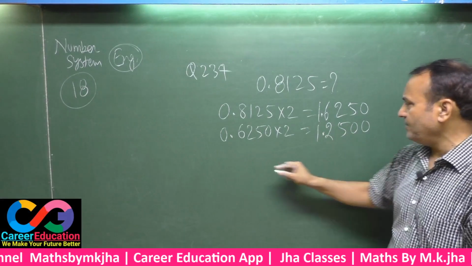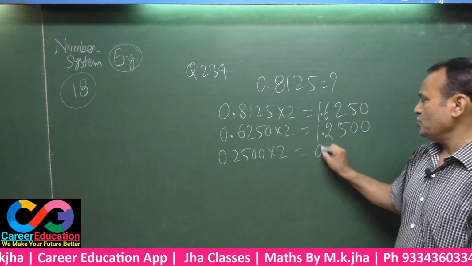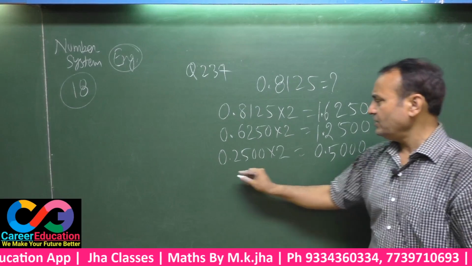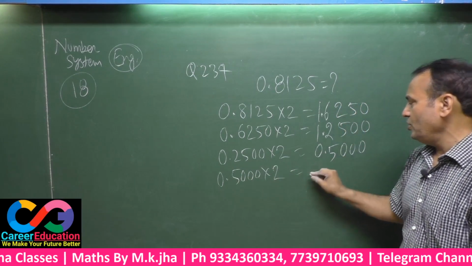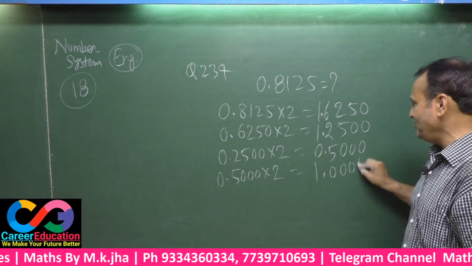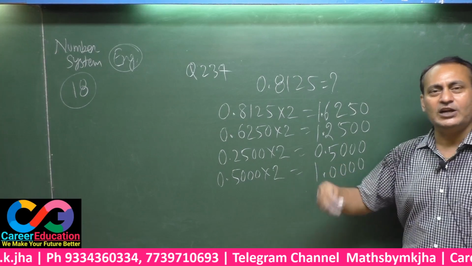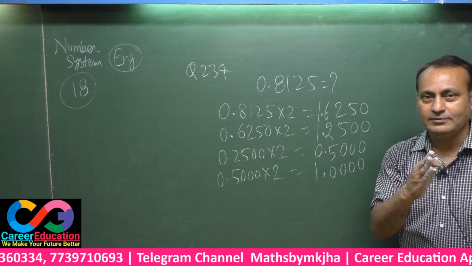Again 0.250 is multiplied by 2, this will be 0.500, and again this 0.5000 is multiplied by 2. Now see here, you can't multiply this any further, that will be only 0. That means we have to stop now.